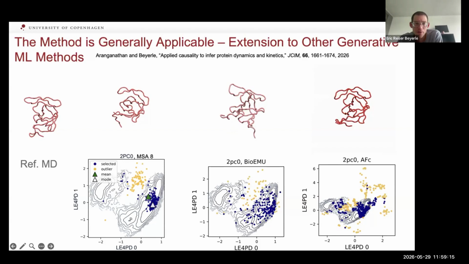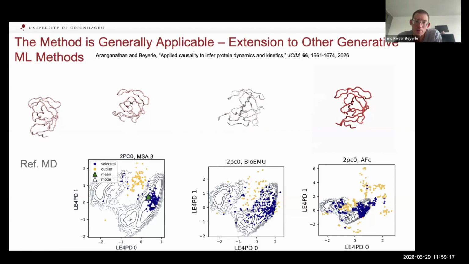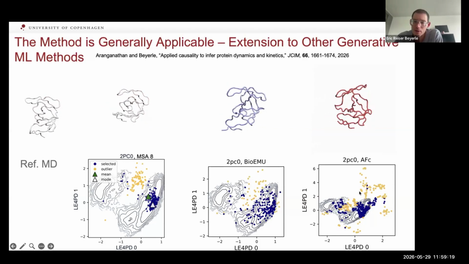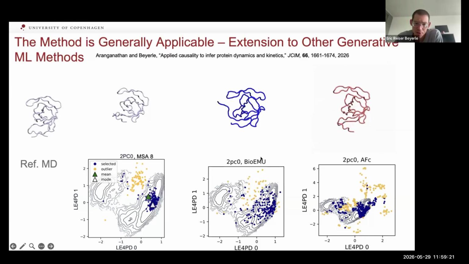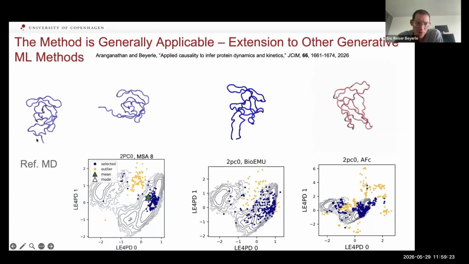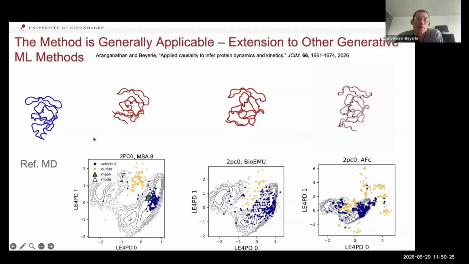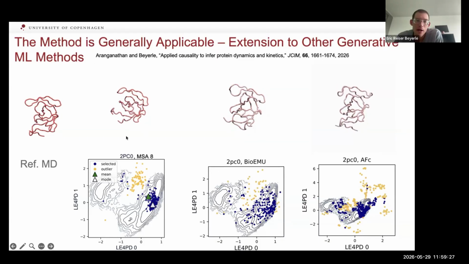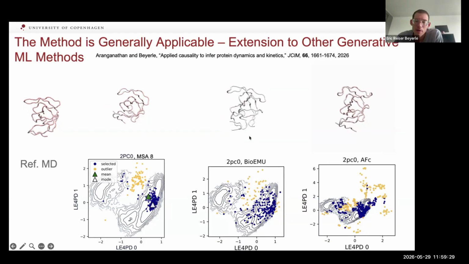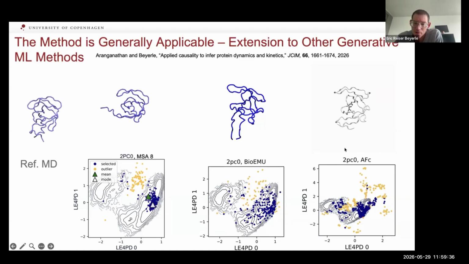So that was AlphaFold 2, and now for these other methods I talked about earlier, like BioEmu or AF2 cluster, here I'm just showing some movies, the structural ensemble output from the reference MD, from AF2 at MSA depth of 8, and then BioEmu and AF2 cluster. This is very qualitative.